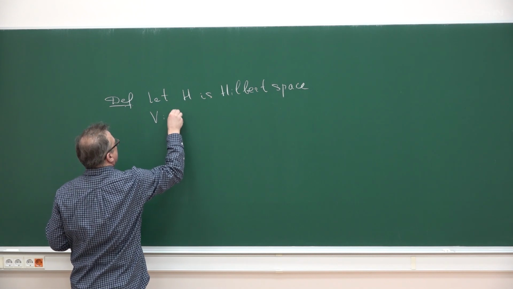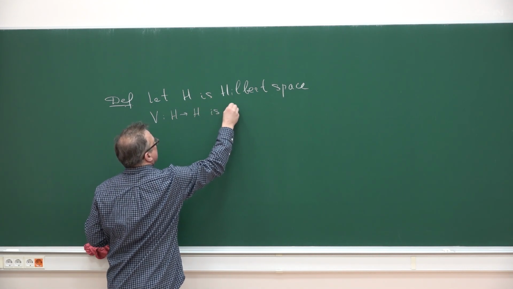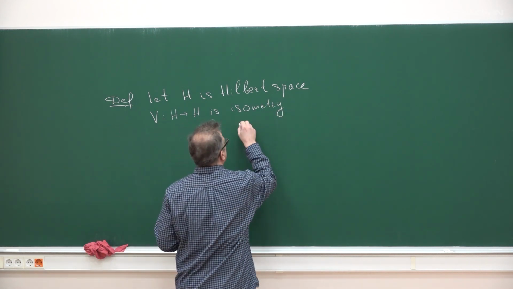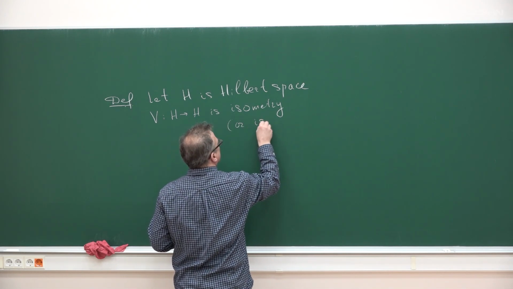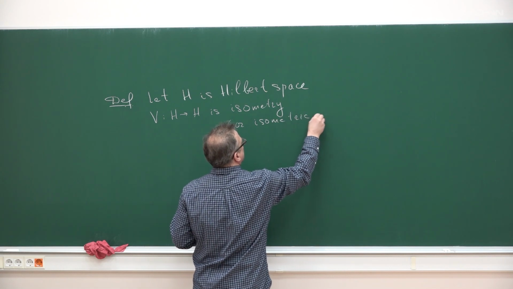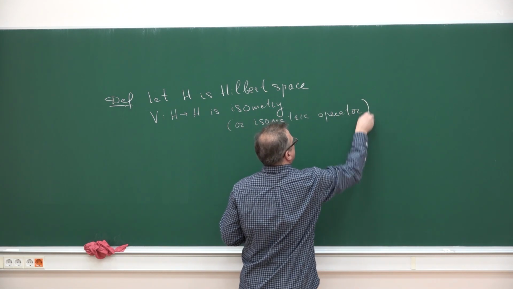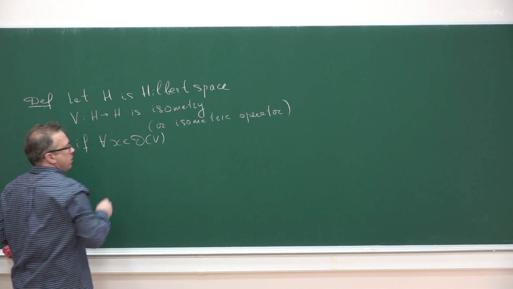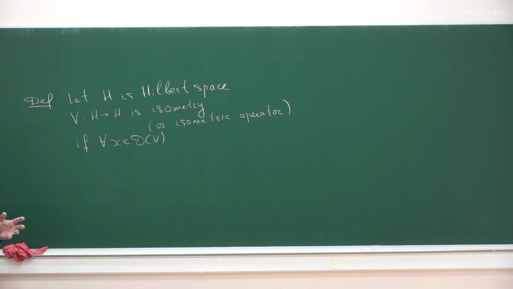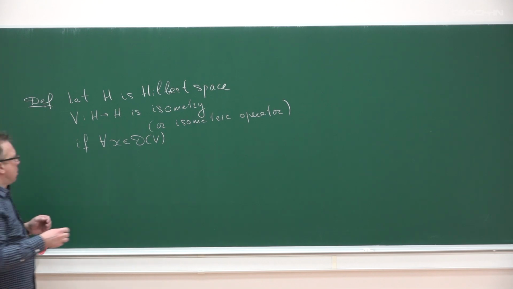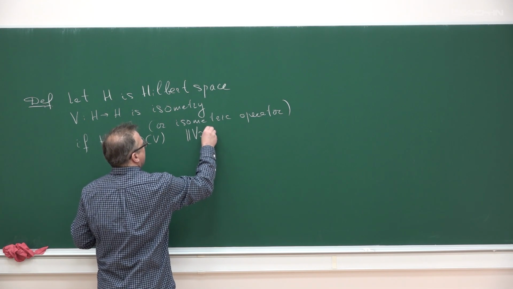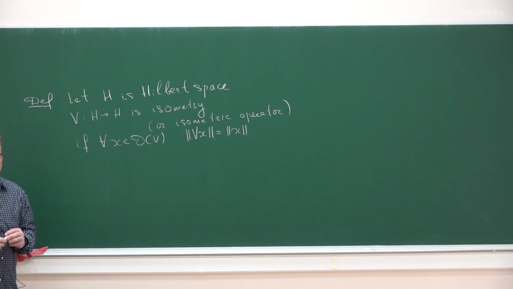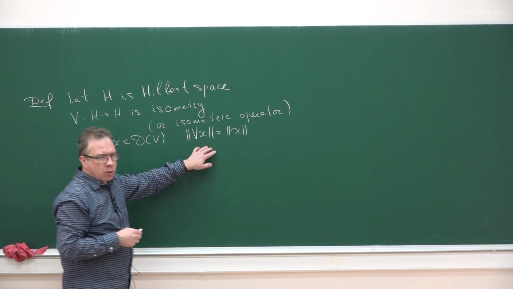An operator V from H to H is an isometry, or isometric operator, if for any x from the domain of V, and it can be defined not on the whole space, only on some part, the norm of Vx coincides with the norm of x. So the norm is preserved.